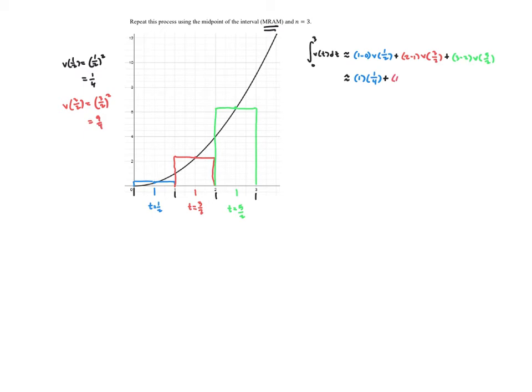So we'll get 1 times 9/4. And then doing a little algebra, we'll do the third midpoint. v of 5/2 will be 5/2 squared, which is 25/4. So again, we'll get 1 times 25/4. Do a little bit of work.